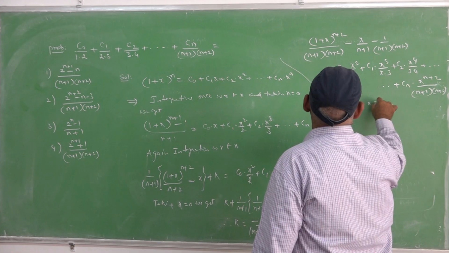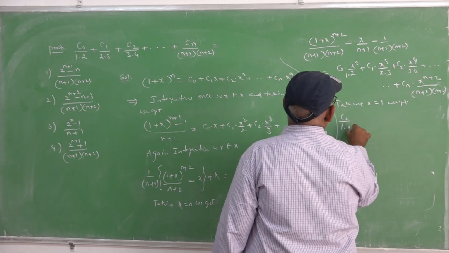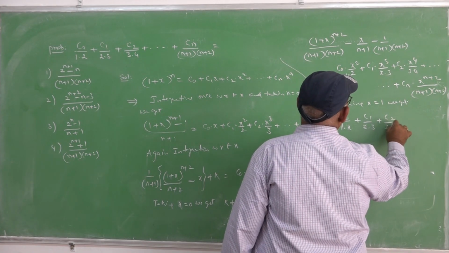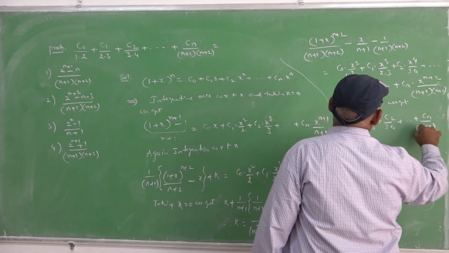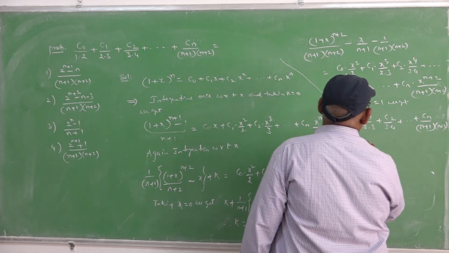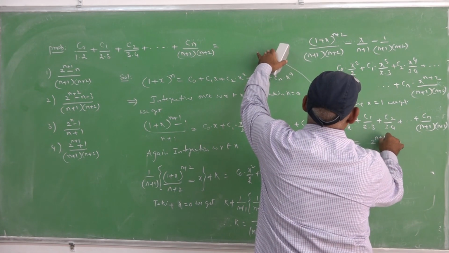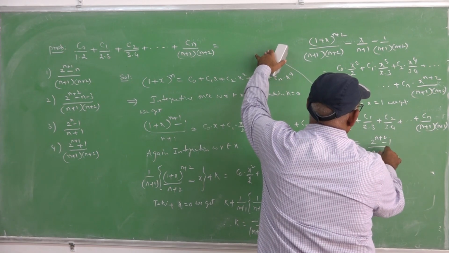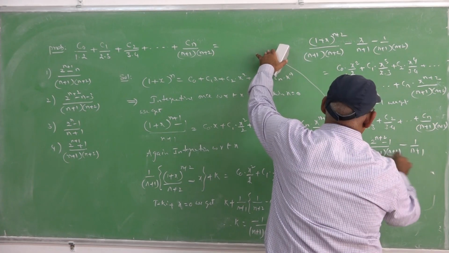Taking x equal to 1, we get c0 by 1 into 2, c1 by 2 into 3, c2 by 3 into 4, like that, cn by n plus 1 into n plus 2. Taking x equal to 1, here we get 2 power n plus 2 by, of course, minus 1 by n plus 1 into n plus 2 minus 1 by n plus 1 itself.